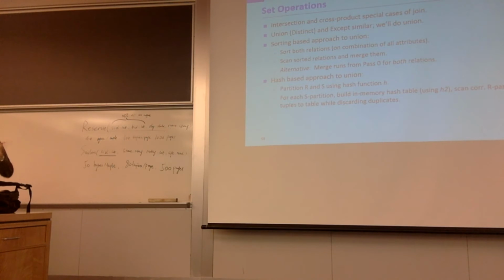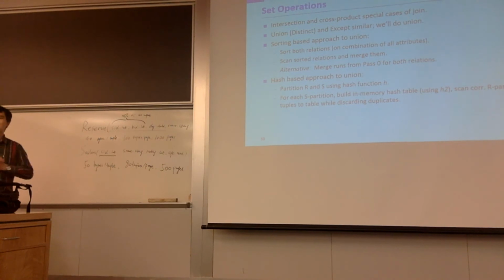For hash-based, you just use the hash approach we mentioned. You partition everything into smaller partitions, then build a hash table on one of the partitions in one of the tables. Then you choose the corresponding partition in the other table and stream that partition, looping through all the tuples in it. Once you have a new tuple, you probe the in-memory hash table to check for duplicates.